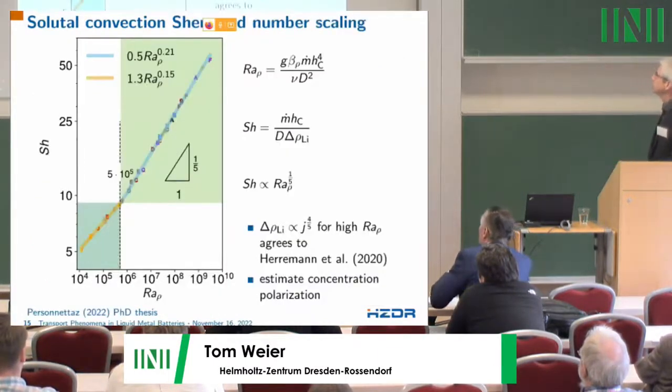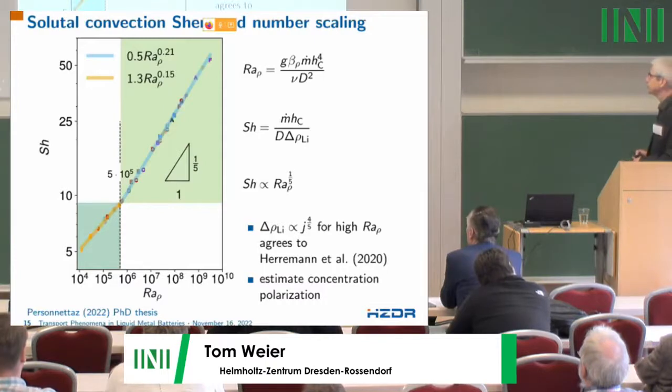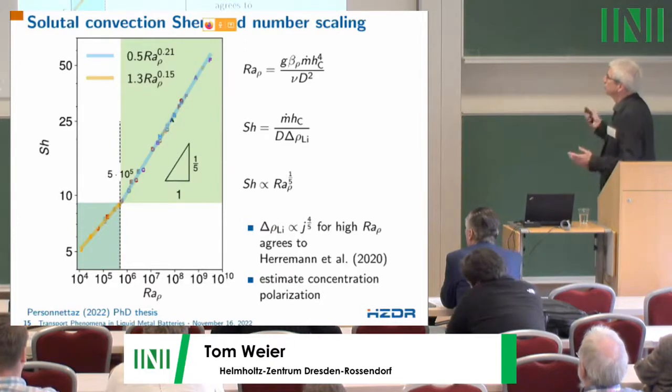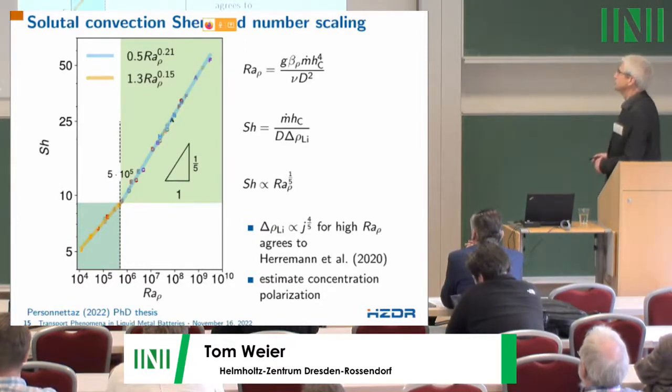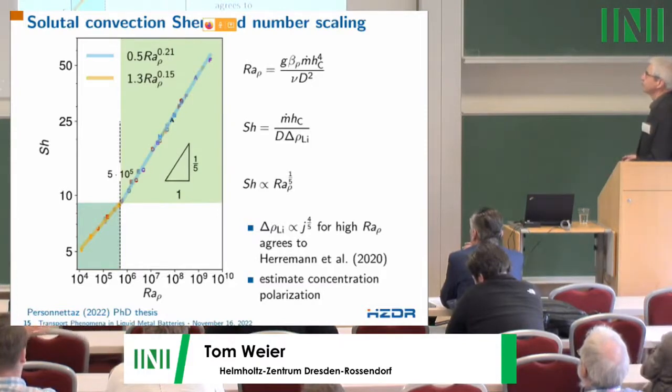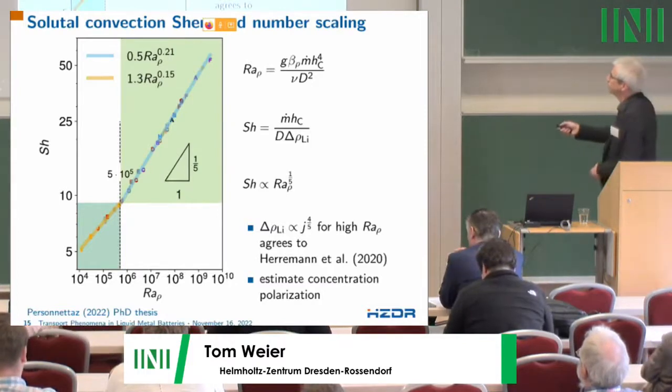It turns out that the Sherwood number that describes mass transfer is proportional to the Rayleigh number to the power of 0.2 in the high Rayleigh number regime.